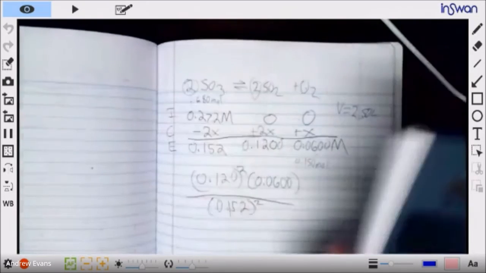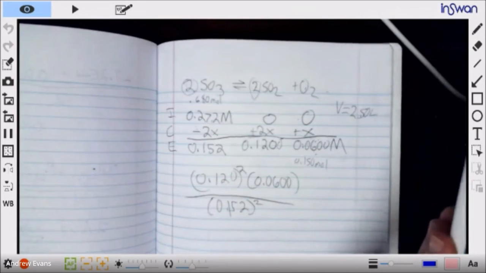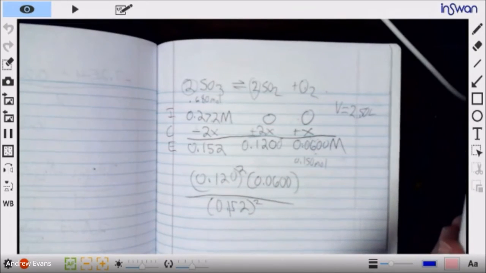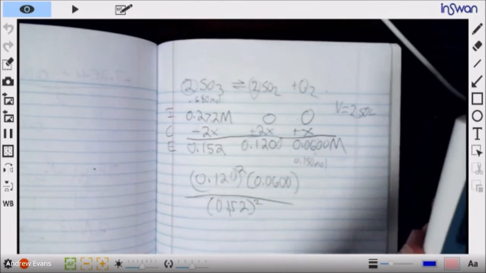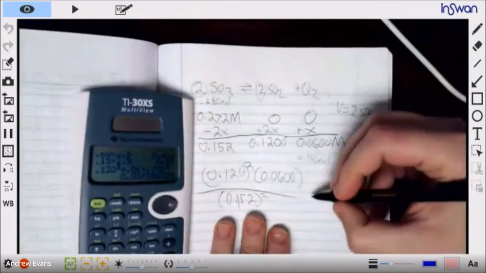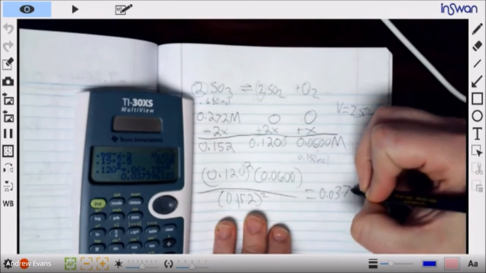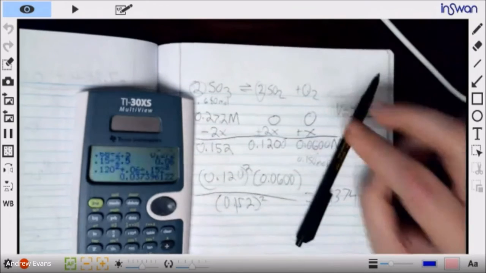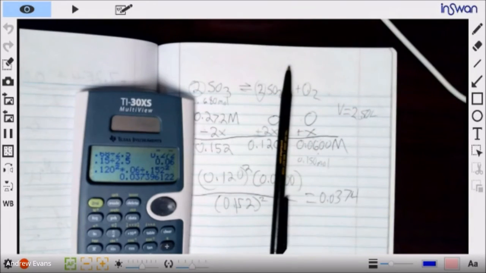So 0.120 squared times 0.06 divided by 0.152 squared. And I'm given a K of 0.0374.